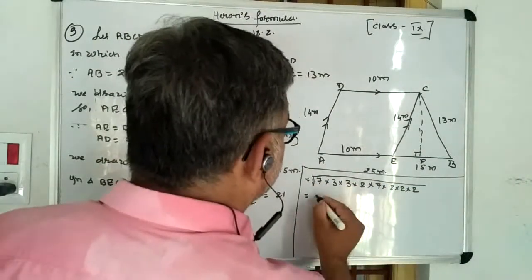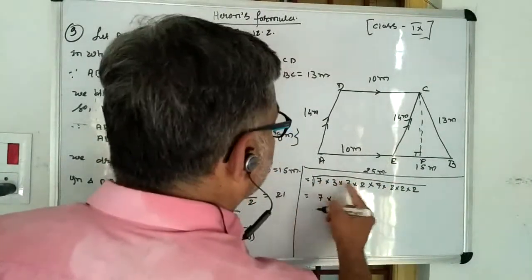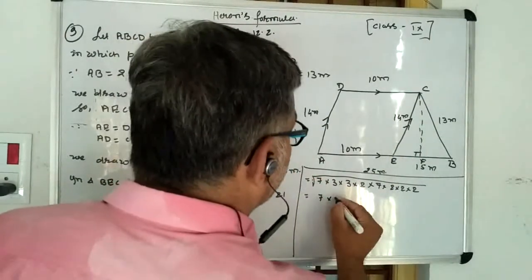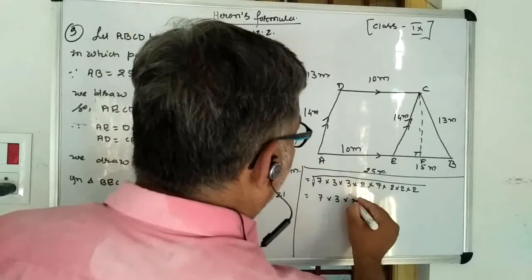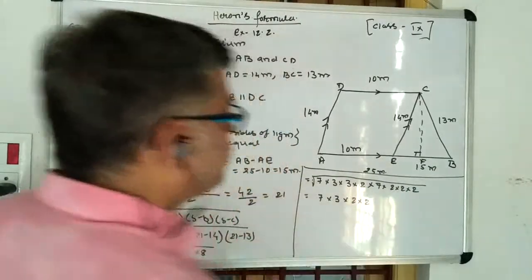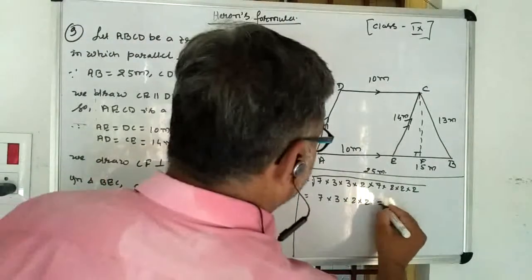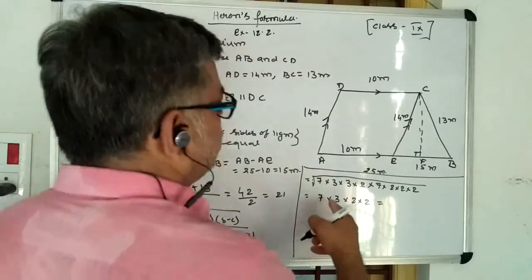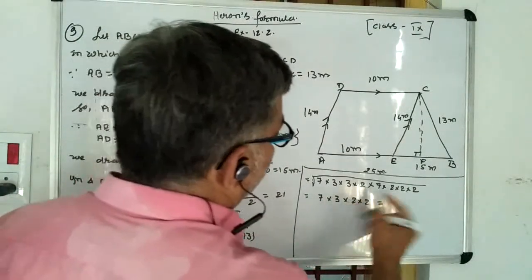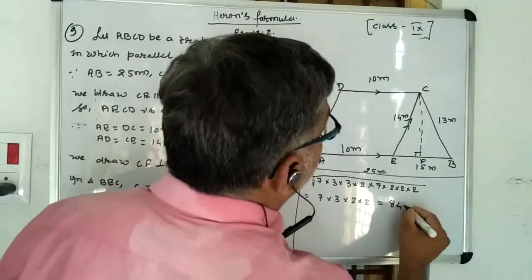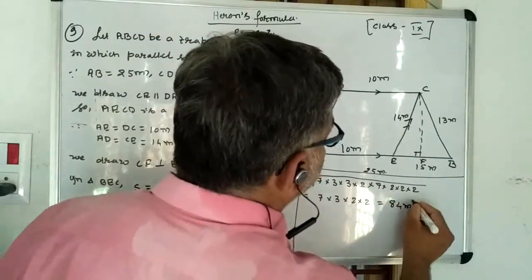So after 7 is in pair, take out 1, 3 is in pair, take out 1, 3, and 2 is in 2 pairs, so take out 2, 2 is outside. So your area of this triangle is 7 into 3 is 21, into 2, 42, into 2, 84 meter square is the area of this triangle.